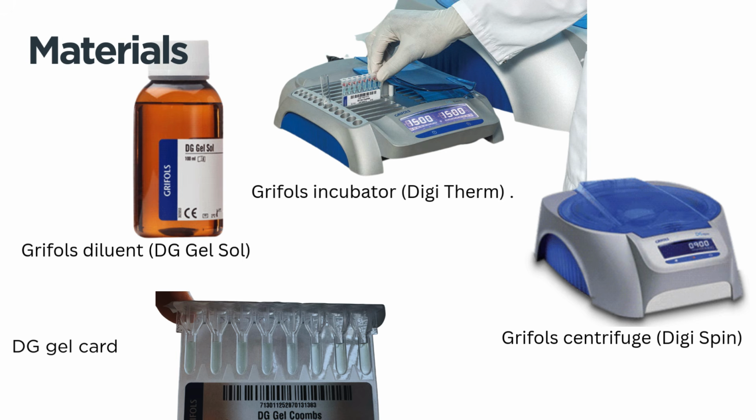Finally, we use the Grifols centrifuge or Digispin. This equipment is vital for centrifugation so that we can separate the red cells through the gel column. These materials are not just important tools, they are really the backbone of the DG gel card testing method.